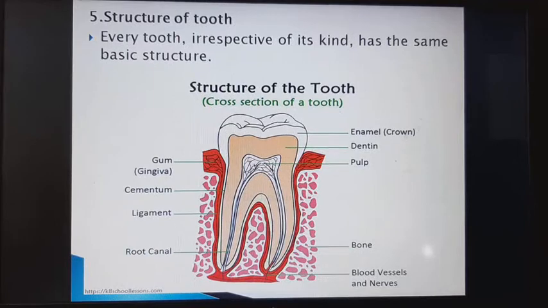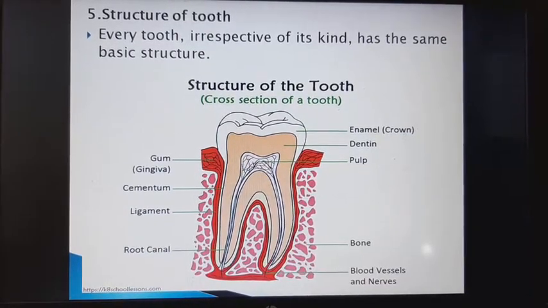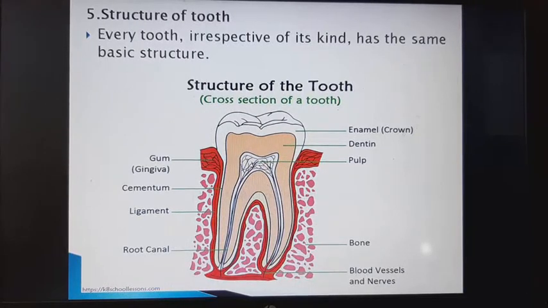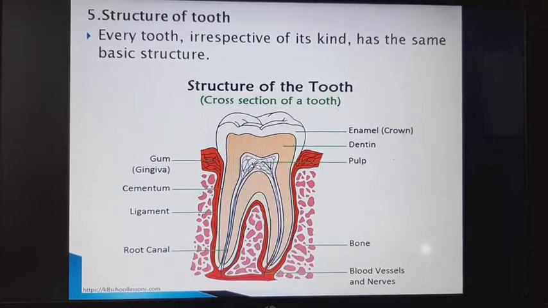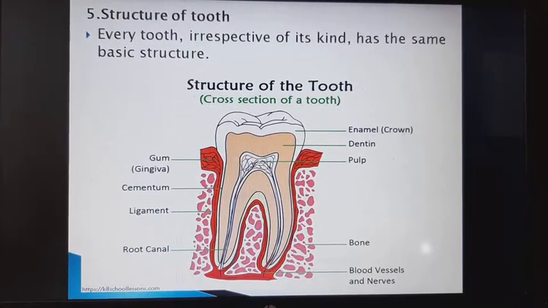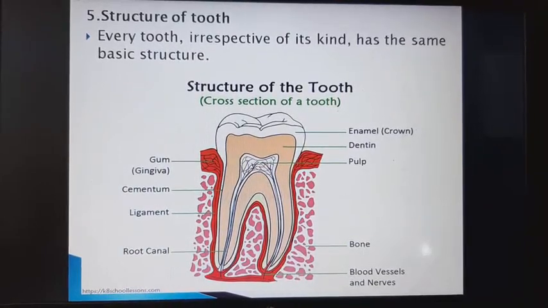Our tooth contains various parts like crown, dentine, pulp, bone vessels and nerves, gum, cementum, ligaments, roots, canal.